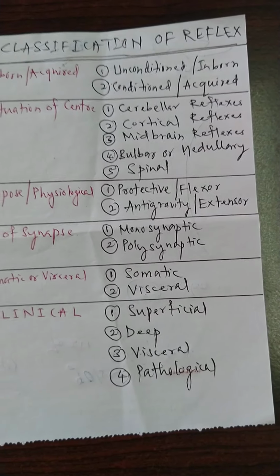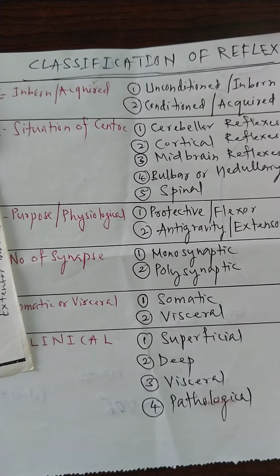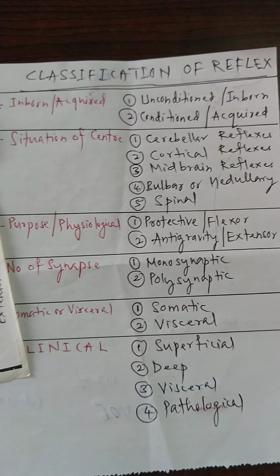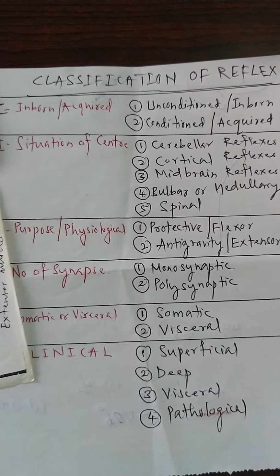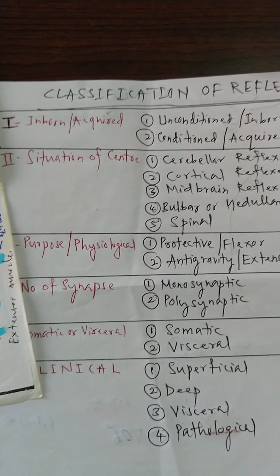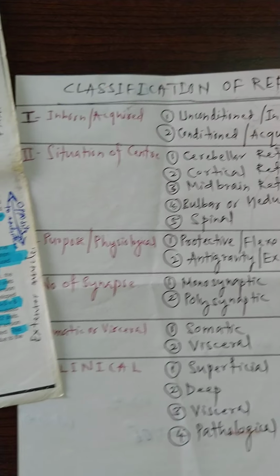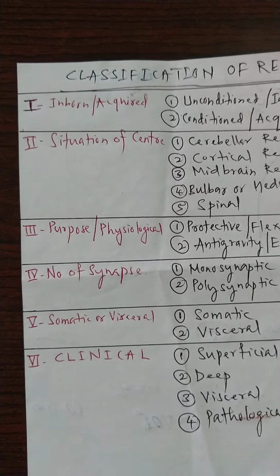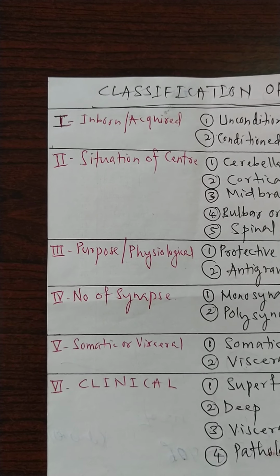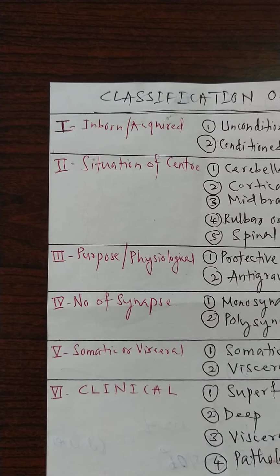The first one is the unconditioned reflex. An unconditioned reflex is an inborn reflex. It is present since birth and does not require any training. The best example is the sucking of milk by a newborn baby.